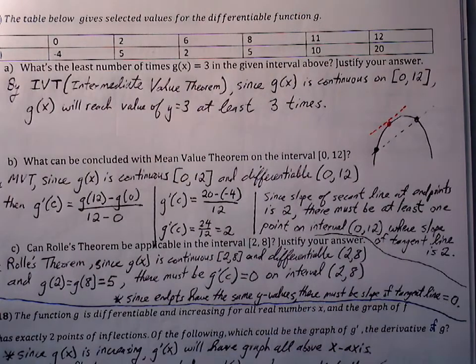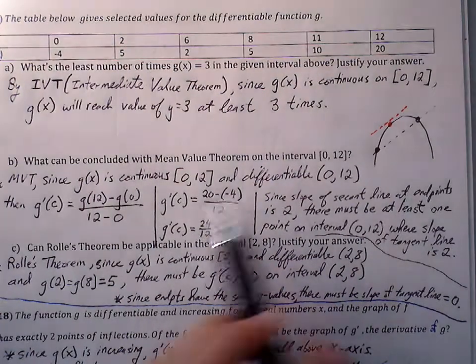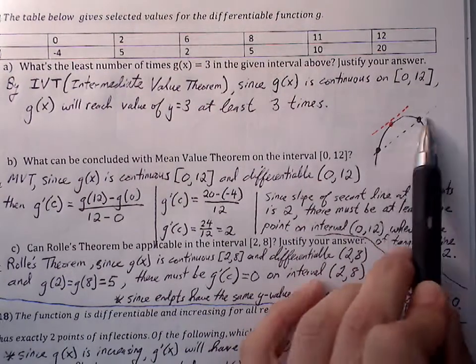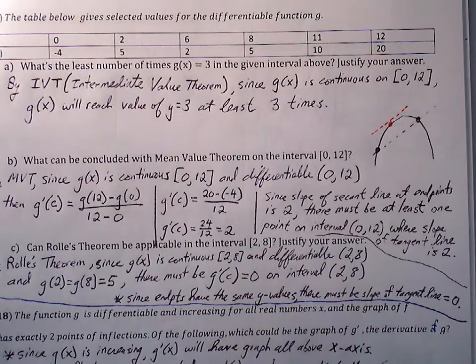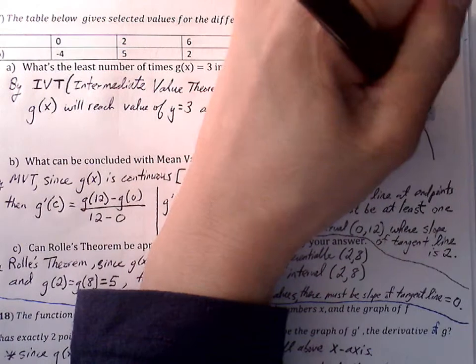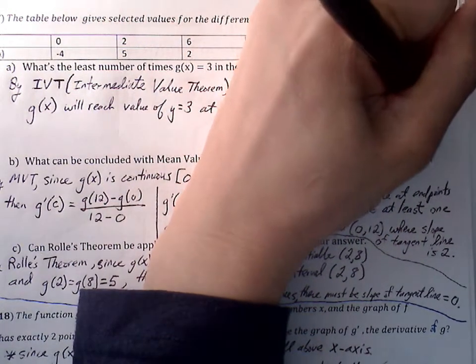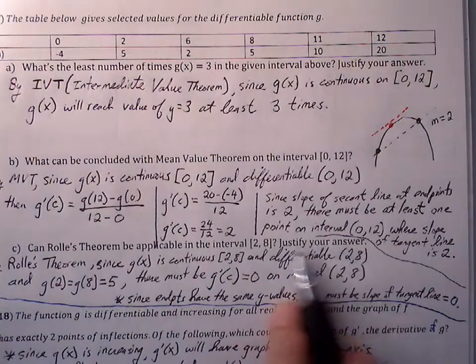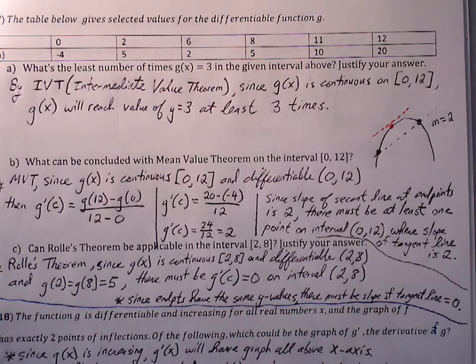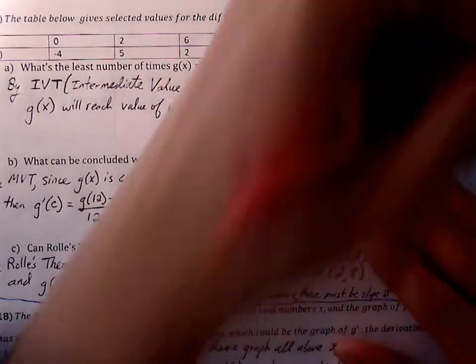Okay, so since the slope of the secant line is 2, there must be at least one point on the interval from 0 to 12 where the slope of the tangent line is also 2.